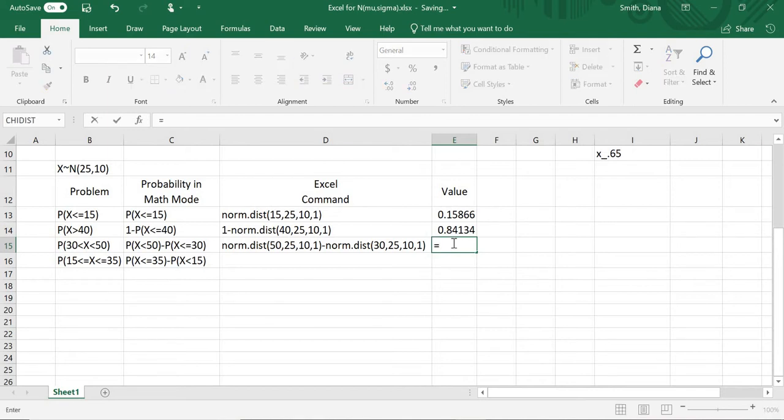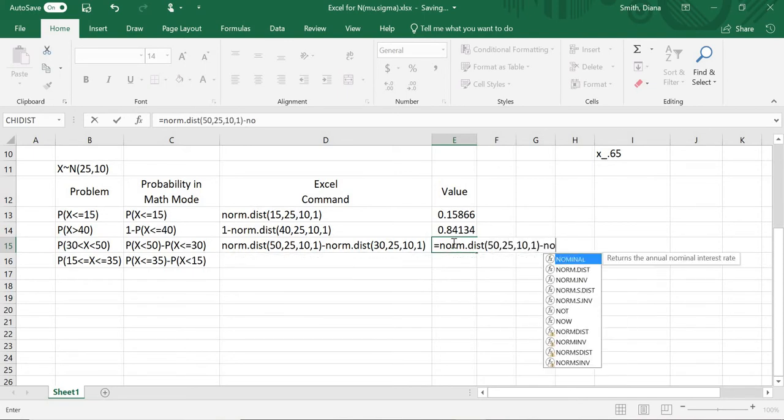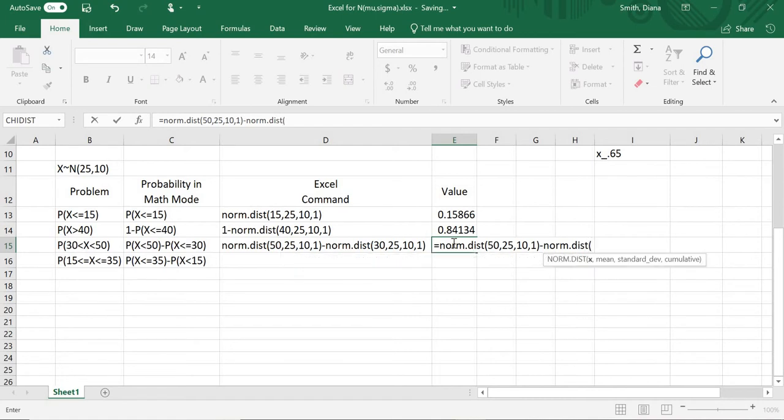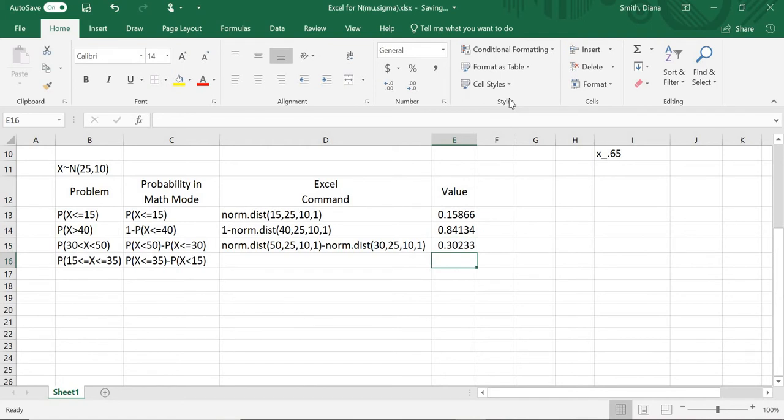And then I'll do the same thing with the equal sign, again, so that we get a value. Okay, so I'm typing in the same exact thing, just with the equal sign, and I get roughly 30%.